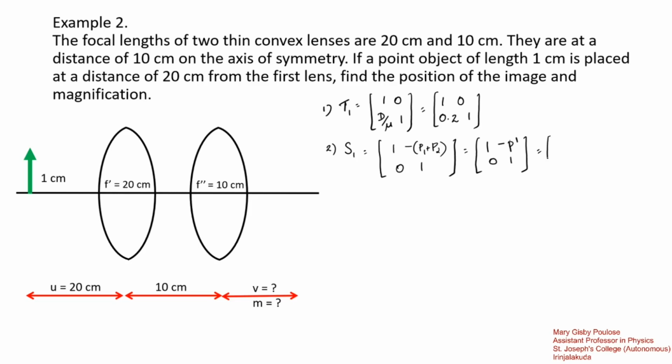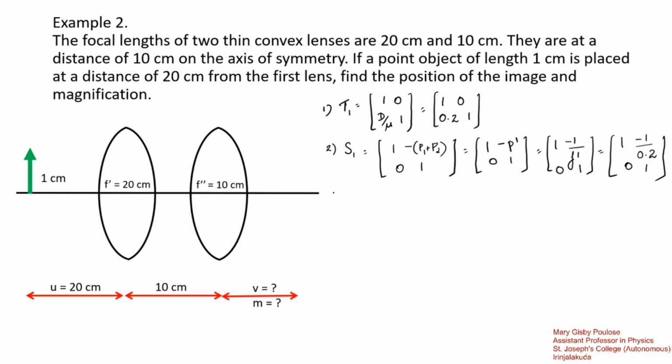In terms of focal length, I can write it as 1, minus 1 by f dash, 0, 1. Substituting the values, I can write 1, minus 1 by 0.2 in meters, 0 and 1. This is the system matrix for the first lens.